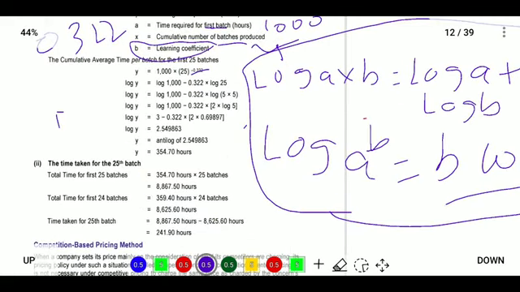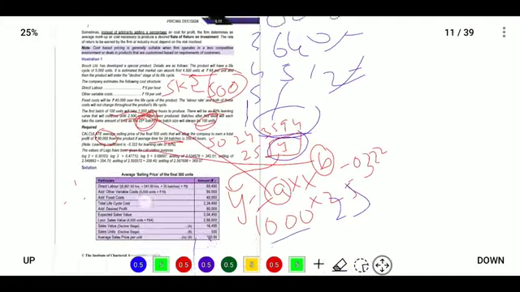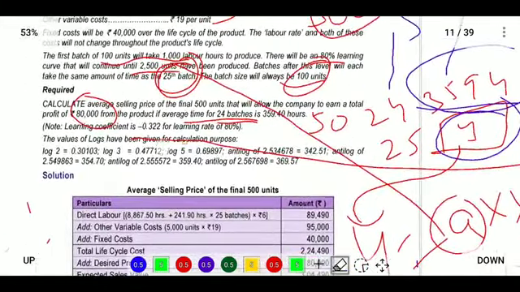Next, log 1000 minus 0.322 times log 25, where we convert 25 into 5 square. Why are we taking 5 square? The log values were provided in the question. If we had log 25 we would take it directly, but we do not have the log 25 value.